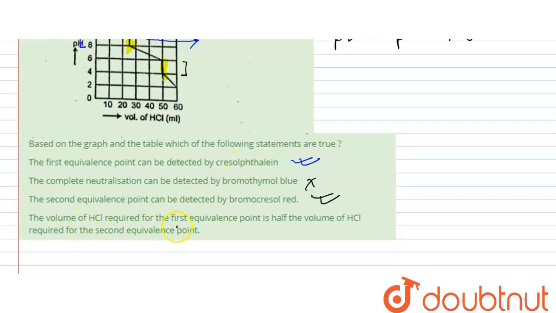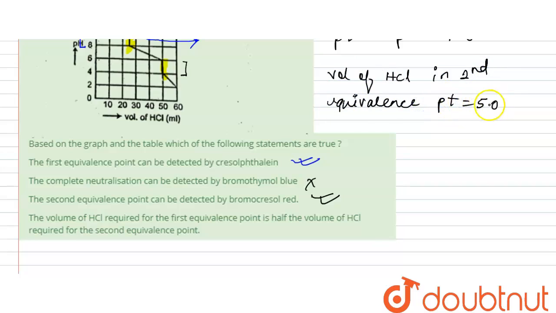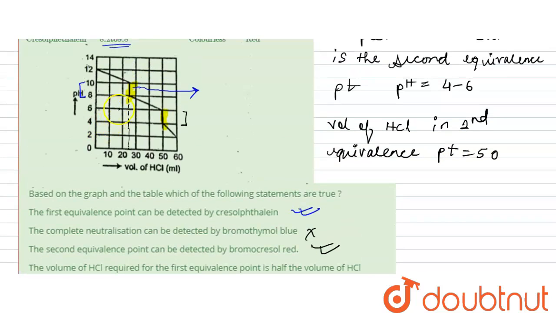The volume of HCl required for the first equivalence point is half the volume of HCl required for the second equivalence point. Yes, because in the second equivalence point you can see the volume of HCl is 50, right? And then when you come to the volume of HCl in the first equivalence point, you can see it is in between 20 and 30.